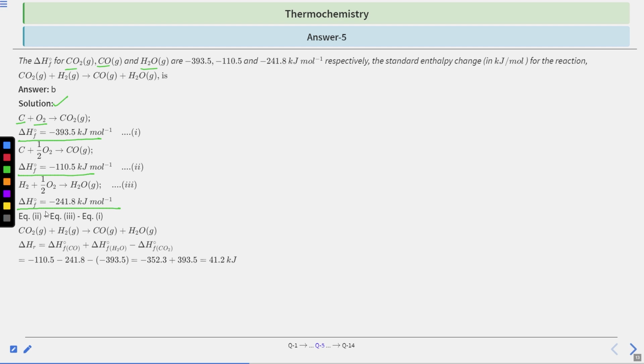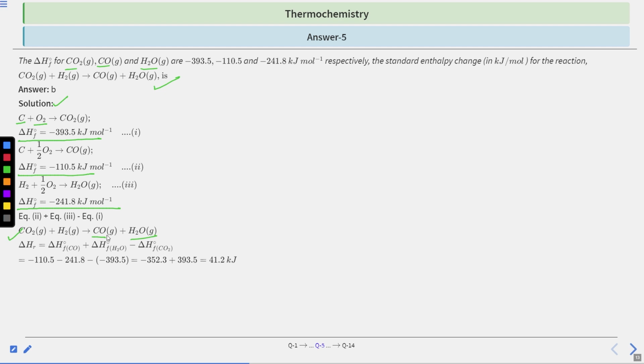So we add the second and the third equation and then we subtract the first equation from the resulting equation. So the reaction which is finally coming out is CO2 plus H2 will give you carbon monoxide plus H2O, which is given in the question. So for this reaction, the enthalpy change will be equal to enthalpy of formation of products minus enthalpy of formation of reactants.